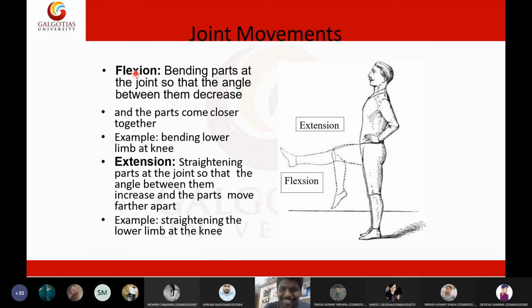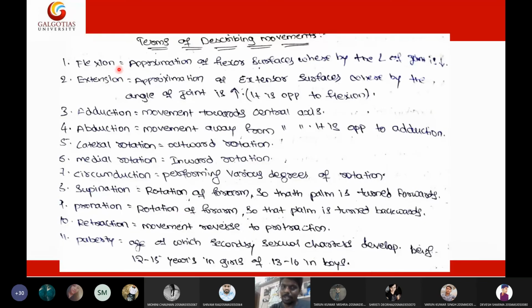In a simpler way, if I'm moving my hand towards my body, that is called flexion. If I'm moving my hand away from my body, that is called extension. Movement towards the body is flexion, whereas movement away from the body is extension.